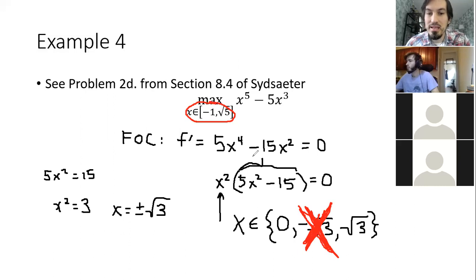X has to be between -1 and the square root of 5. Well, negative the square root of 3 is like -1.73. That's smaller than -1, so that's outside of our range. So we don't even need to consider it. So that means there's only 2 values that we found in step 1. Good?